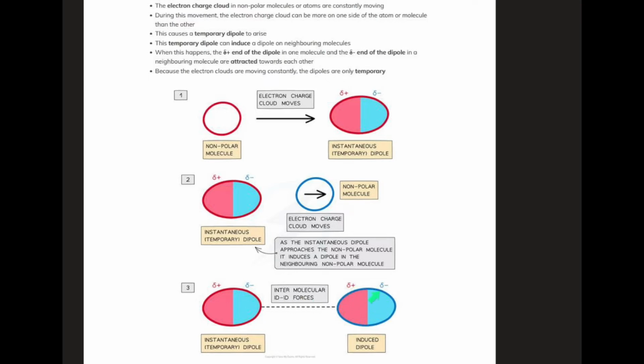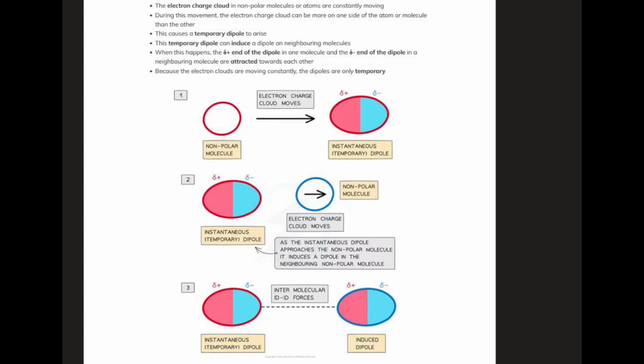When this happens, the delta positive end of the dipole in one molecule and the delta negative end of the dipole in a neighboring molecule are attracted towards each other, so which is here attracting, and that is the temporary dipole.